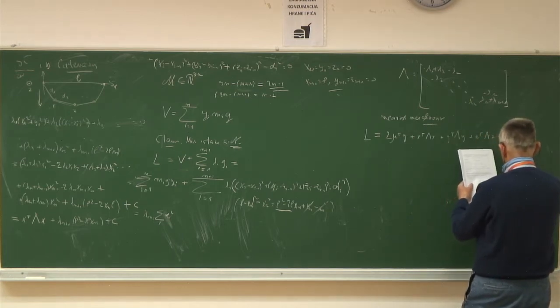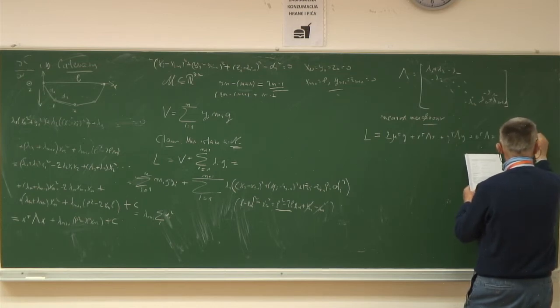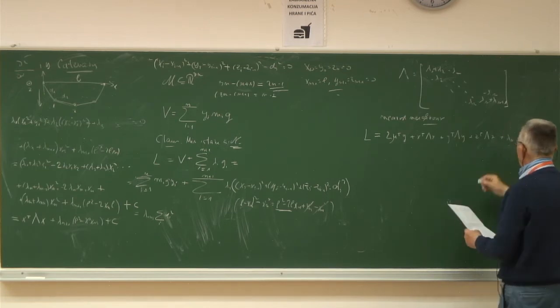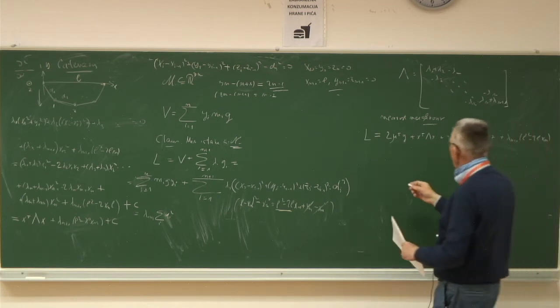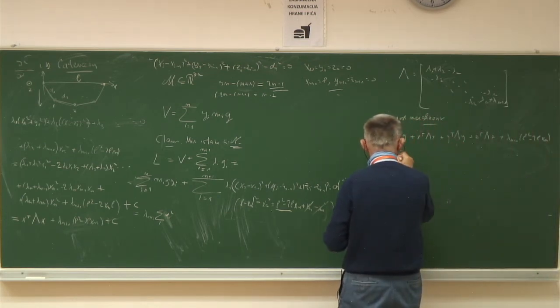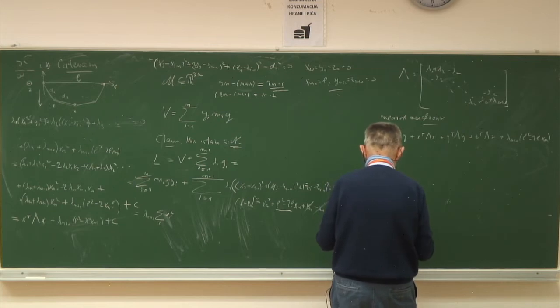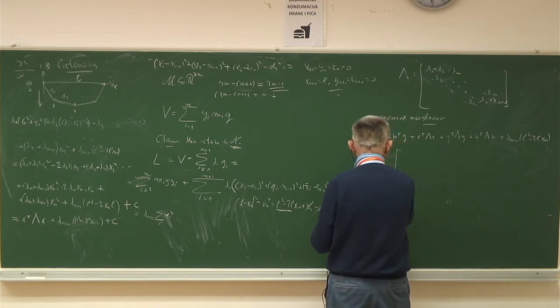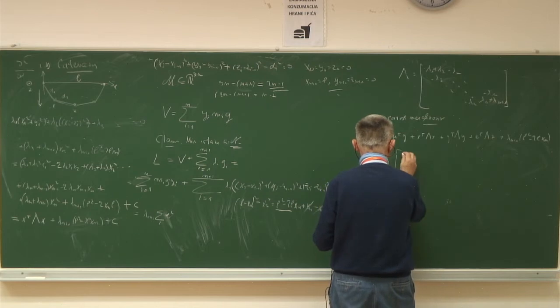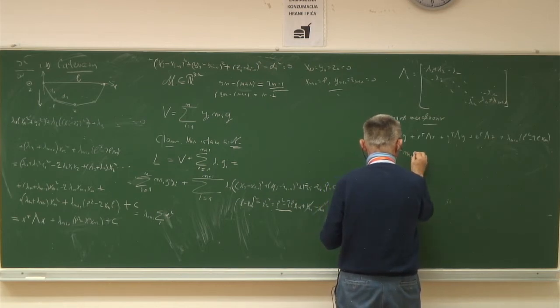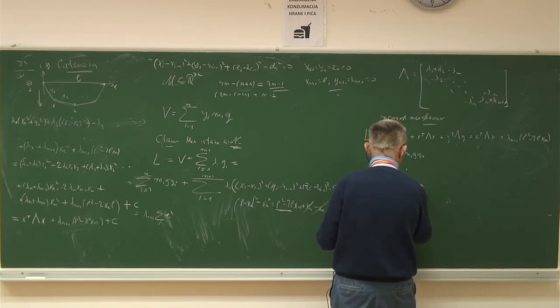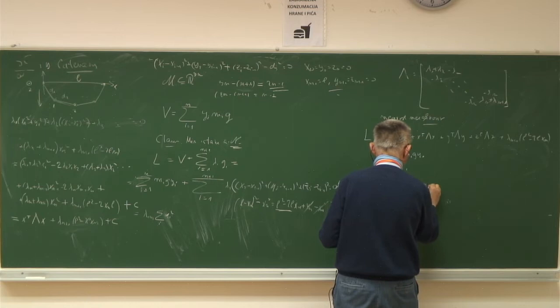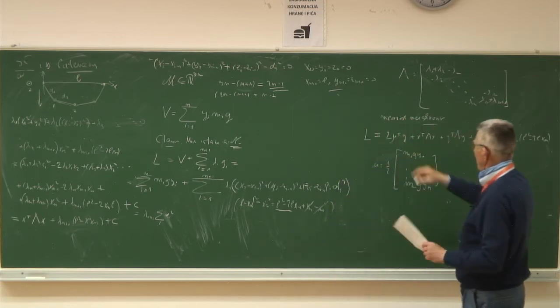There is some rest, lambda n plus 1 (L squared minus 2L xn), where mu is now just a short way of writing 1/2 m1 g y1 to mn g yn. It's a scalar product now.